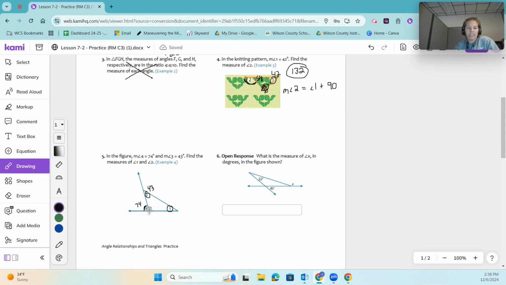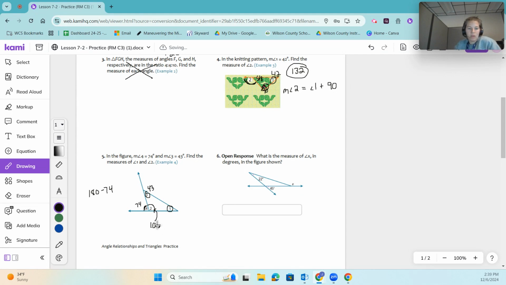There are several ways that we can find this. We can find the measure of angle 2 by taking 180 minus that 74, because 74 plus some number is going to equal 180. So we subtract 74, and that's going to give us 106 degrees. So the measure of angle 2 here is 106.